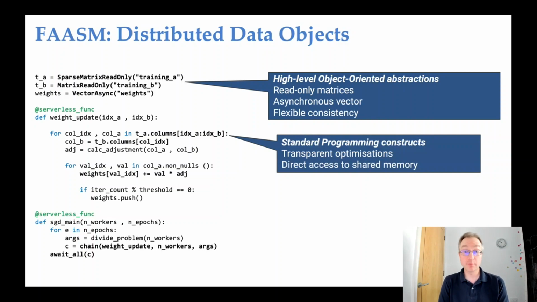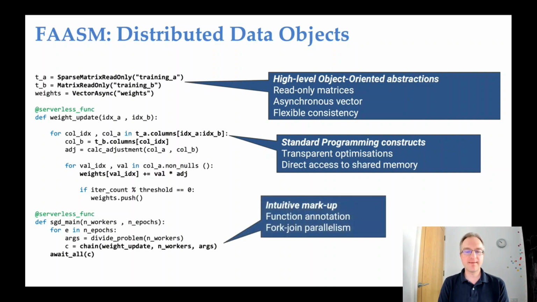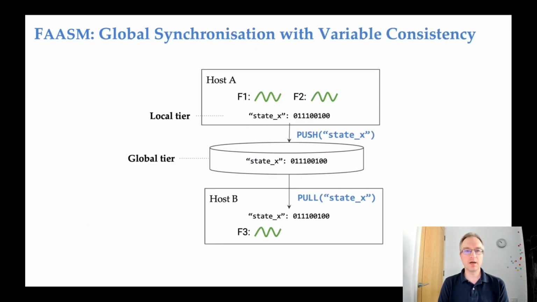In general, the programmer would use standard programming constructs that they are already familiar with, and then the Faasm system would take care of the distribution. Different consistency levels between the data objects are supported in Faasm. So you can specify what the consistency requirements between the local state tier and the global state tier are. This is an important requirement for our use cases in CloudButton because we have different consistency needs.